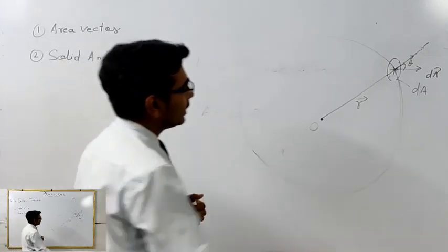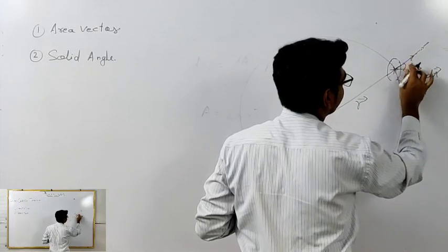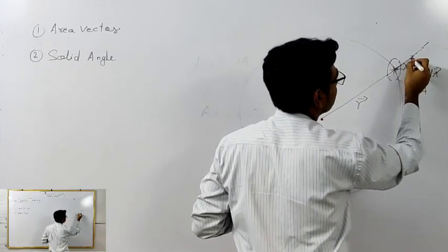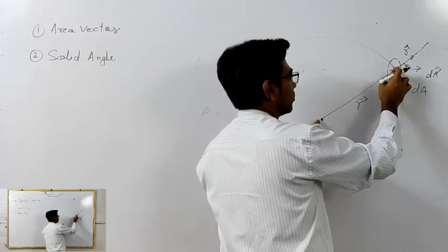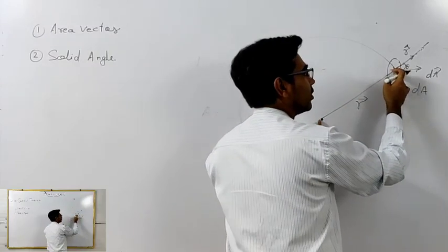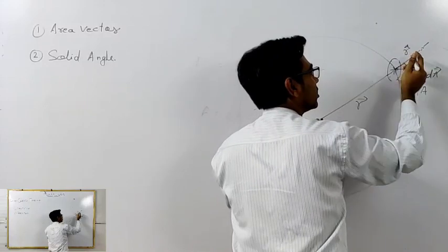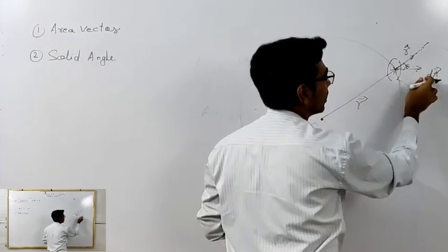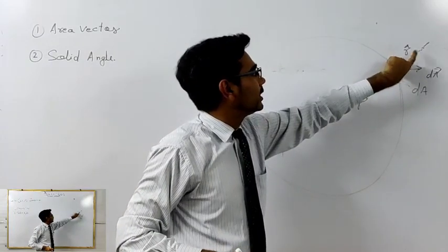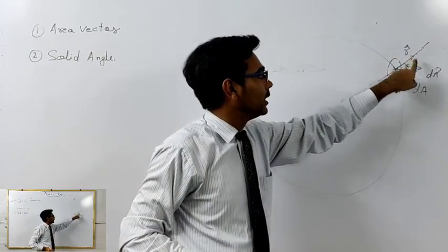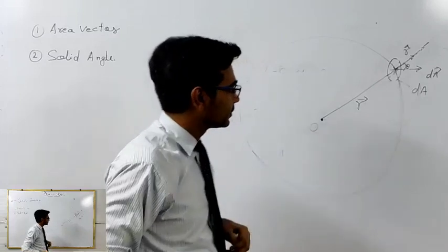The angle is theta, and the vector here is r cap, not the total vector; from here to here the length is r. You want the vector in this direction, so you take a unit vector r cap, whose length is 1 and which is in the direction of r, and take the dot product.